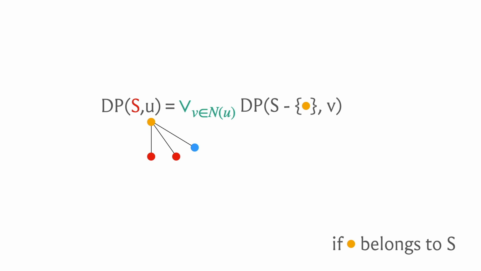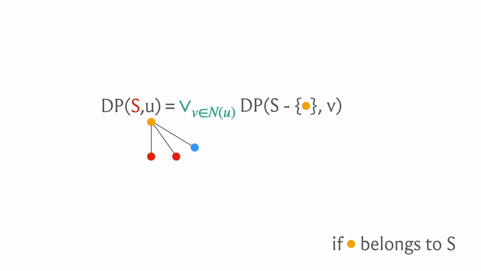So therefore we see that this equation makes sense, this recurrence holds, and of course you have this top level sanity check that the color of U must belong to S. If the color of U does not belong to S, then it's anyway false. Otherwise the value of the DP table entry is completely determined by the entries shown on the right hand side of this equation.